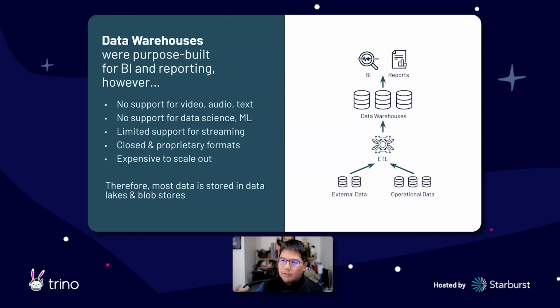Well, first, let's start with data warehouses. And I'm actually from that era, by the way. I don't know if I look it, but I certainly feel it. I was part of the SQL Server team, and we were boosting this idea that the data warehouse would allow us to do everything. We would build these OLTP transaction databases, do some ETL.